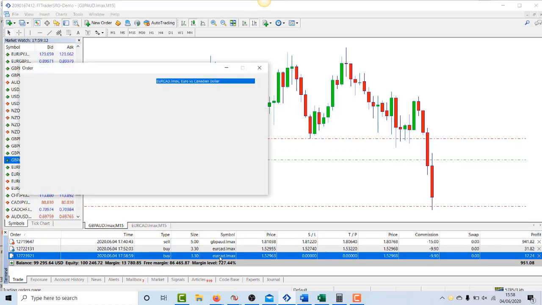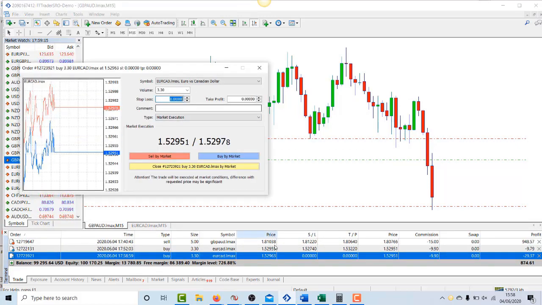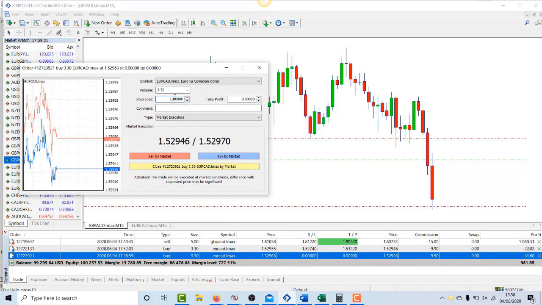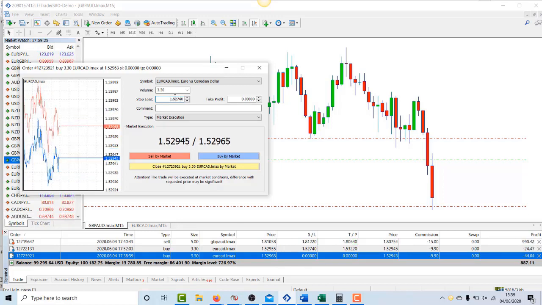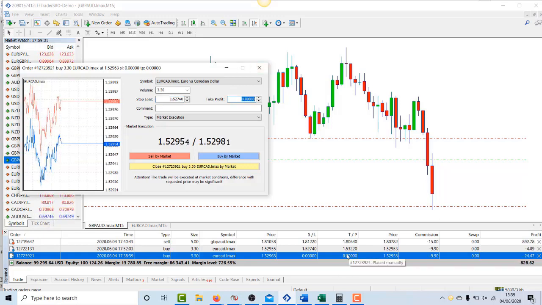I do need stops in place here, so stop is going to be in the same spot, which is going to be 152.74, and we're going to be looking for targets in the same spot as well. 151.53.